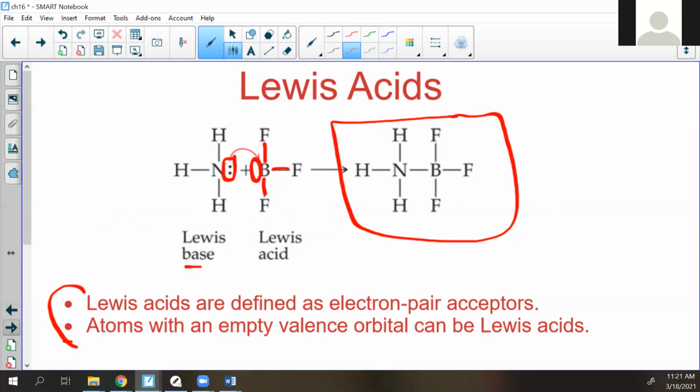Atoms with an empty valence orbital can be Lewis acids. It's very uncommon, but you may remember a long time ago that boron trifluoride violated the octet rule and left a space where a pair of electrons could reside. If it can accept a pair, it's defined as a Lewis acid. Now, not every acid is a Lewis acid.